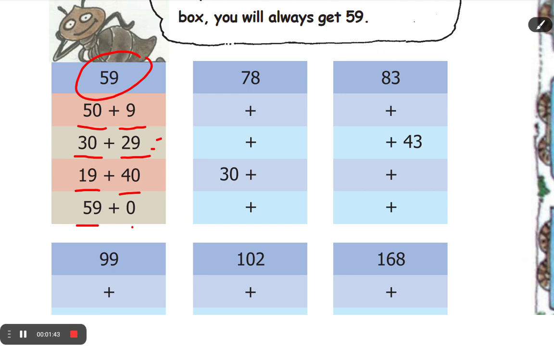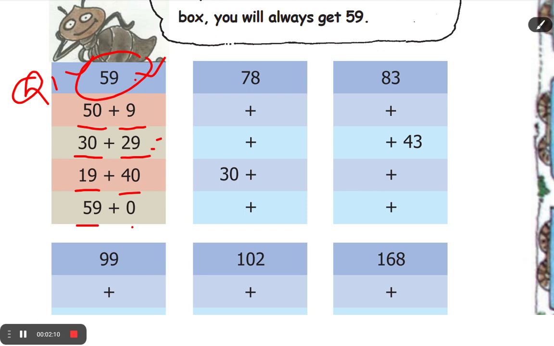So here what you are doing, you are given a number and you have to split that number. You have to write that number as the sum of two numbers, and if you add those two, you should get 59. Is it clear for all of you children? This is question number 1. 59 was given. First you write its expanded form, simply 50 plus 9, 59.